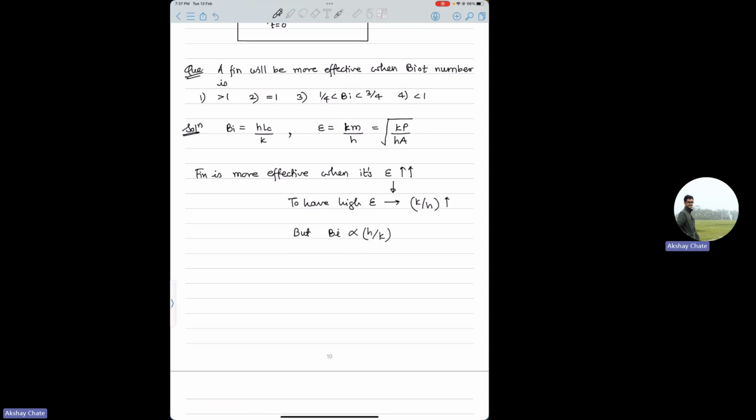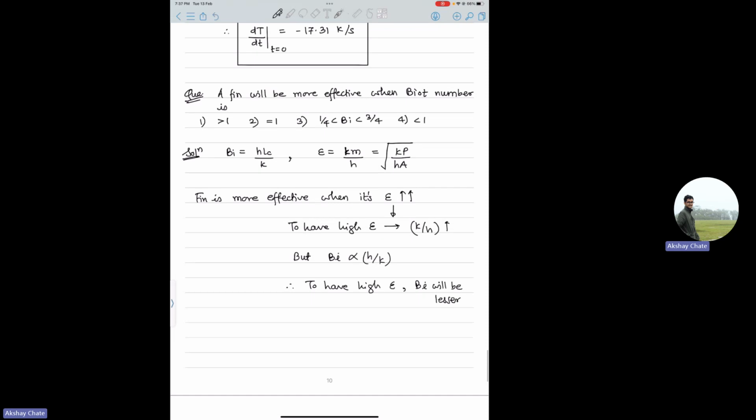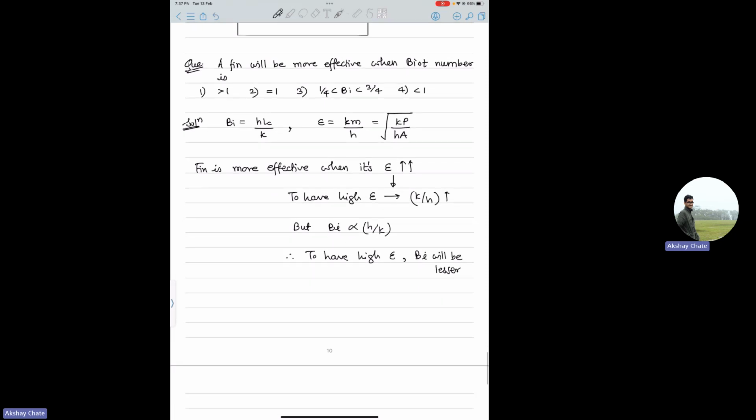So therefore, to have high effectiveness for a fin, the Biot number will be lesser. That is the only conclusion you can draw. How much less, what the value should be, you can't say with this data. For that, there should be more data, which is not given in the question.